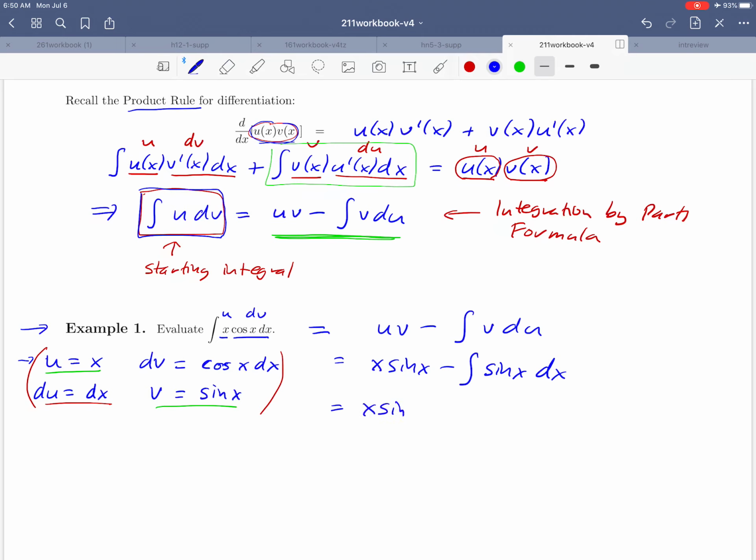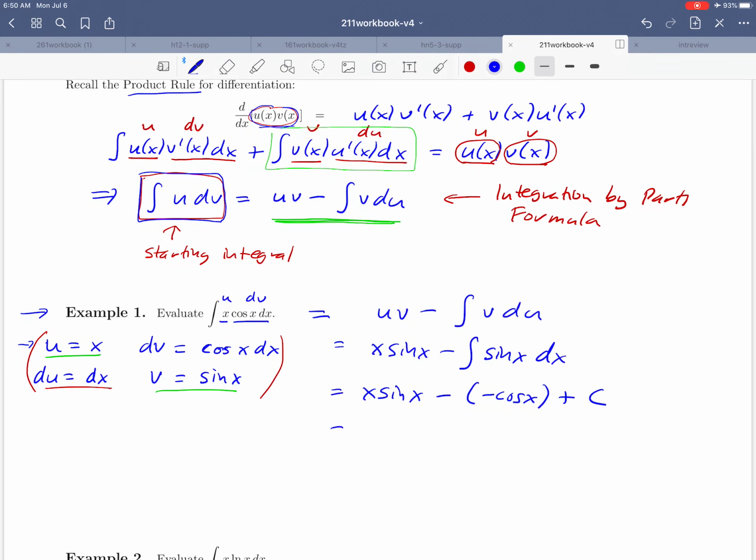So what is an antiderivative for sine of x? Well, it's negative cosine. And that's an indefinite integral, so we'll put a plus c on the end. And simplifying, that becomes x sine of x plus cosine of x plus c, and that is the answer to our problem.